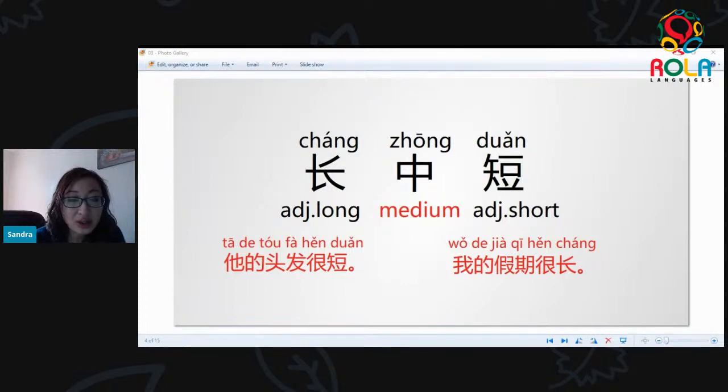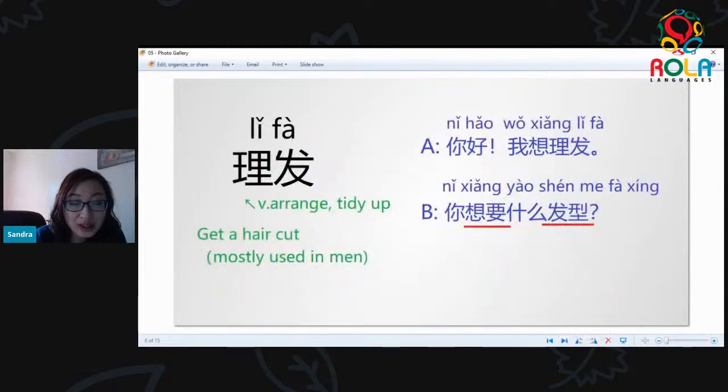So 她的头发很短. Her hair is very short. 我的假期很长。假期 means holiday or vacation or just a day off, like taking your day off work. 我的假期很长 means my vacation is very long. Which might not be the case, but we're just using that sentence so that we can learn some new words.